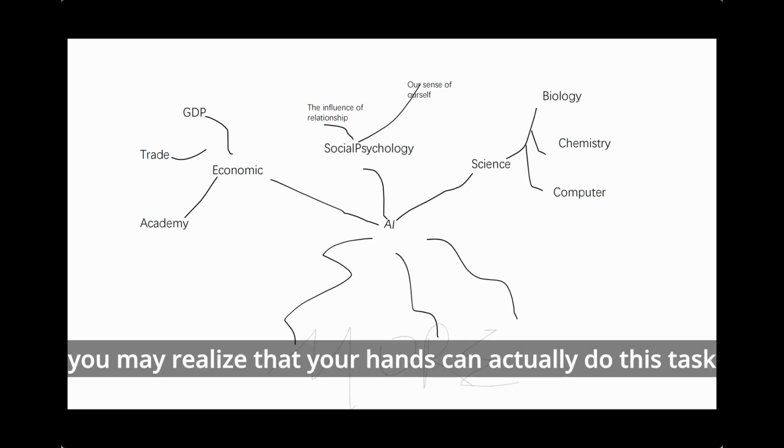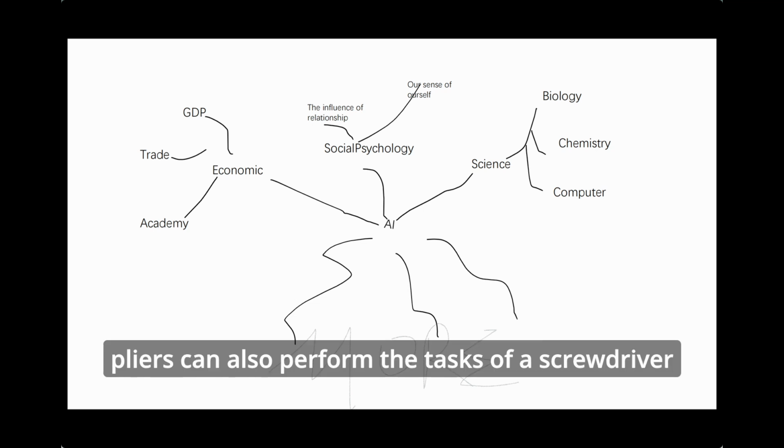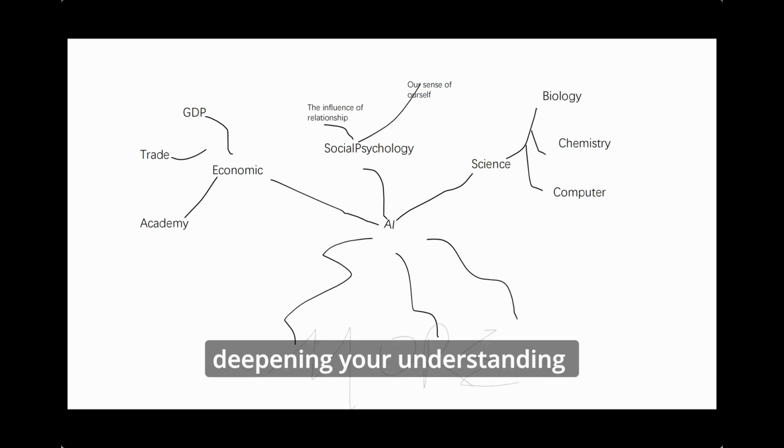Moreover, you might realize that your hands can actually do this task and they are not as fragile as you thought. Pliers can also perform the tasks of a screwdriver. In this way, connections are formed between these nodes, deepening your understanding.